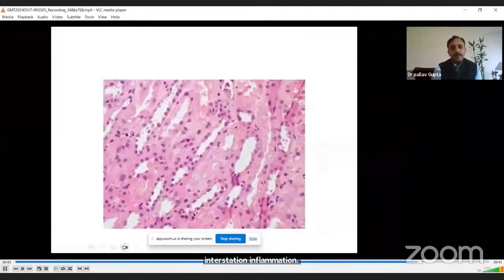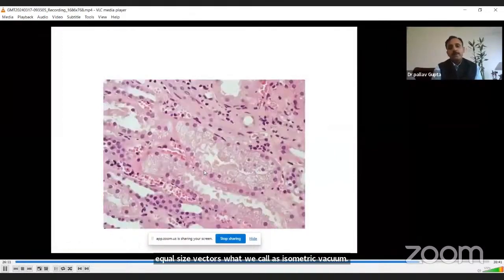And in this field, we can see tubules with the presence of numerous small equal-sized vacuoles, what we call isometric vacuoles. Again, in this field, we can see these numerous isometric vacuoles within the cytoplasm of the tubular epithelial cells. So this gives a diagnostic clue that it could be due to CNI toxicity.